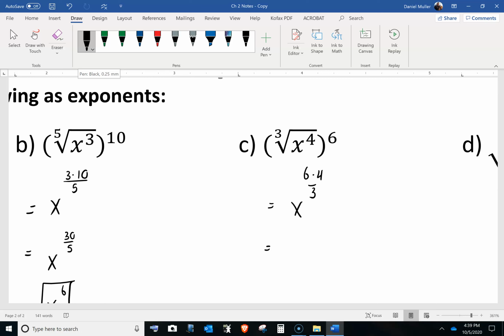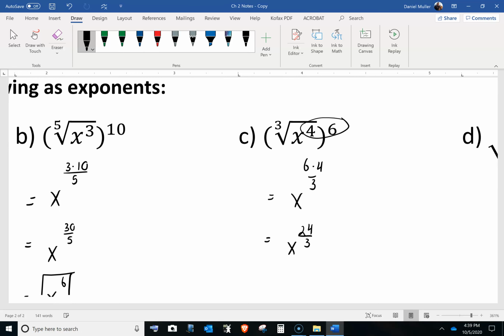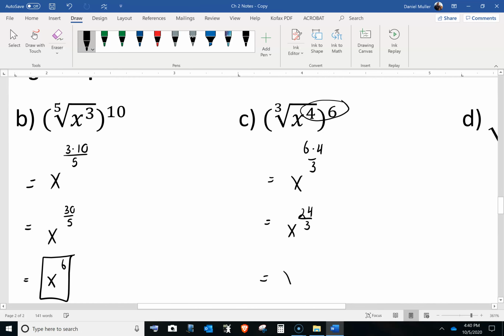You could write them on the inside, but when you evaluate things, it's too complicated. So you often see that I circle those to let the reader, let myself know that I need to multiply, in which case it's going to be 24 over 3. Now 24 over 3 can be reduced. That's actually x to the power of 8. Which is a lot simpler to write than what this is.